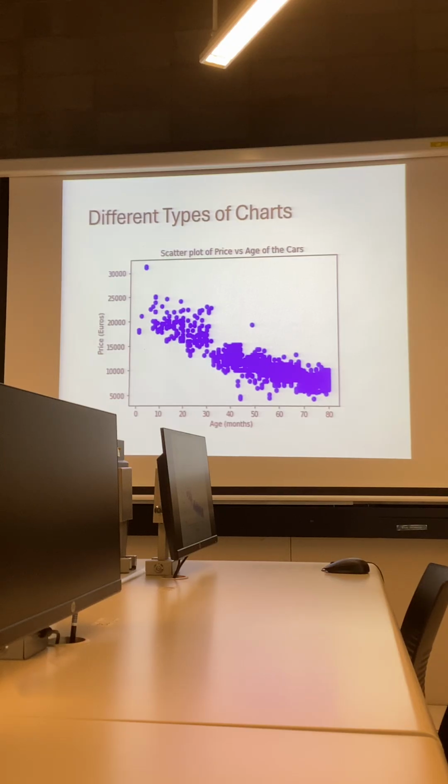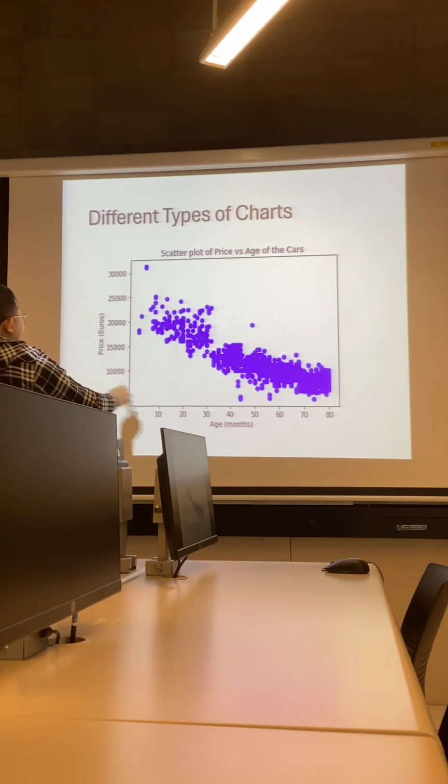You can see here, if you have $30,000, sorry, 30,000 euros, what age of car can you buy? Five. Five years? I know, five months. Yes, correct.